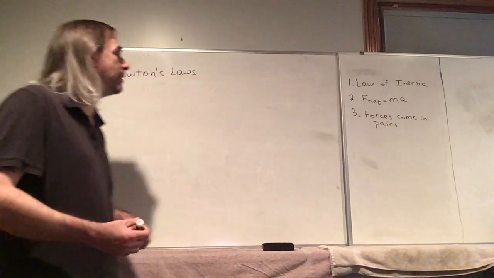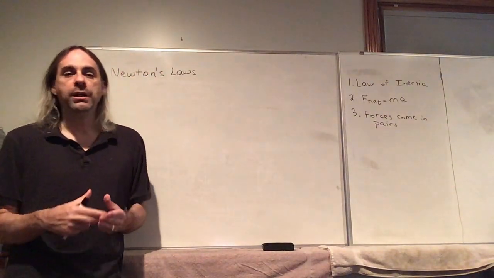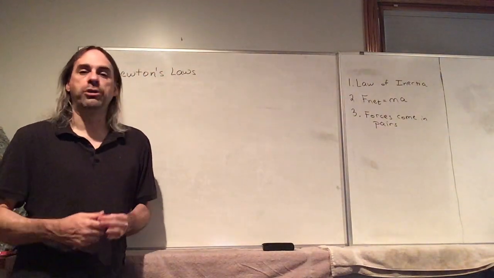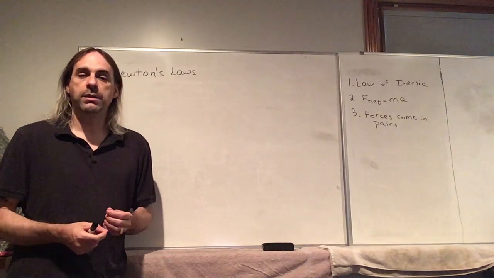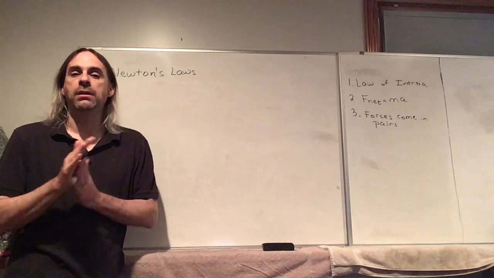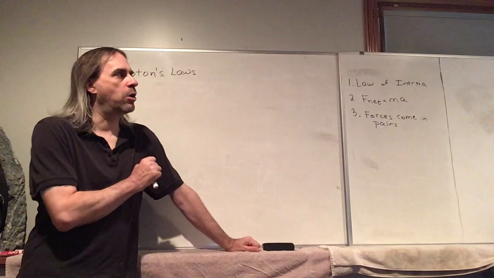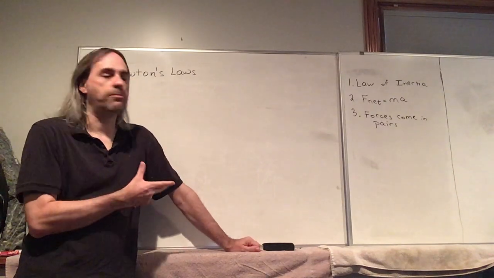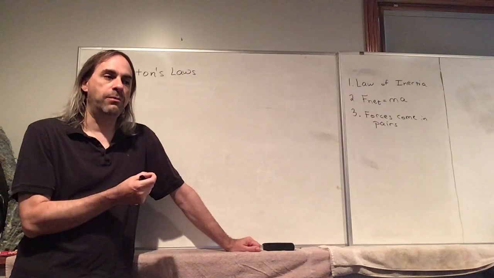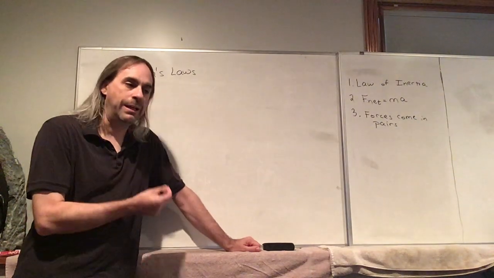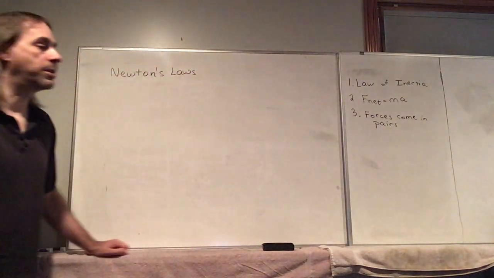What inertia means is that, you might have heard it, an object in motion tends to stay in motion, or an object at rest will stay at rest unless acted on by an unbalancing force. Actually, it means a little more, which I neglected in the first part. An object in motion will stay in motion with a constant speed and in a straight line, unless it's acted on by an unbalancing force.